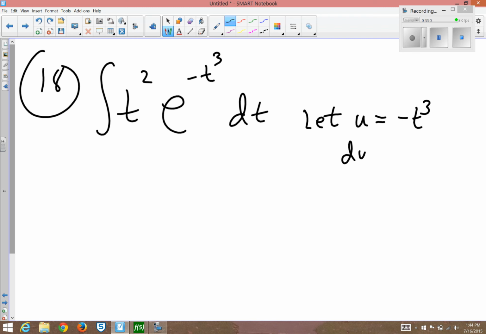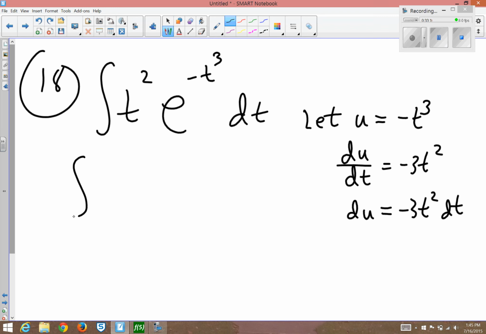The derivative of u with respect to t is negative 3t squared, so du equals negative 3t squared times dt. If I change the order of what's given, the integral of e to the negative t cubed, put this t squared over here, dt always stays at the end.